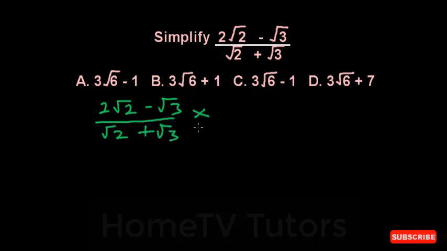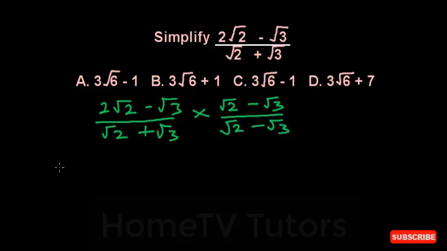What you need to do is to multiply the numerator and the denominator, except you have to change the plus sign to a minus sign. Alright, so you do the same thing with the numerator. The sign will change.